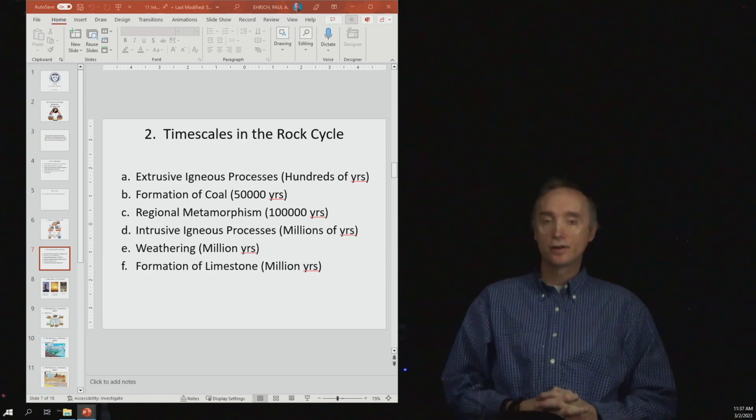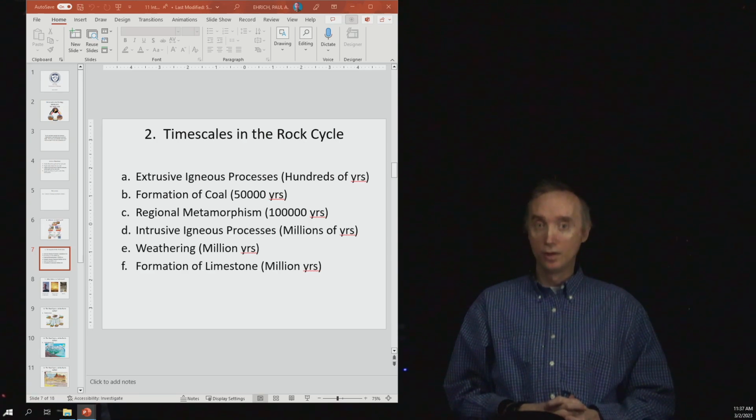Okay, then the next category is the formation of coal, which is going to be a sedimentary rock. So with a sedimentary rock, how long does it take to start with a swamp and then end up with coal?